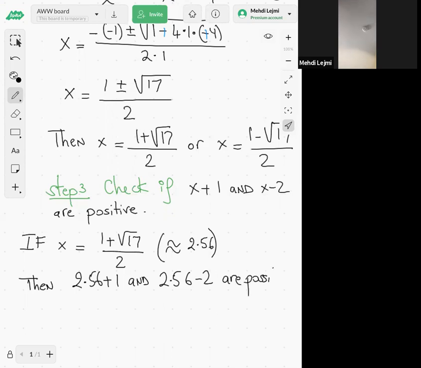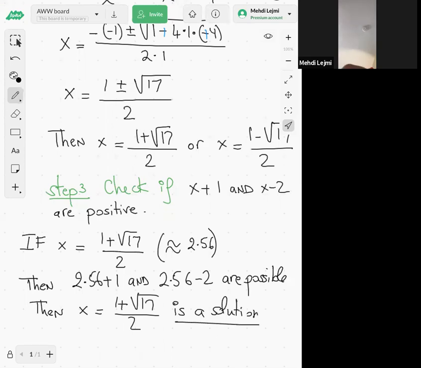Okay, so then x equal to 1 plus square root of 17 over 2 is the solution. That's a real solution, right?